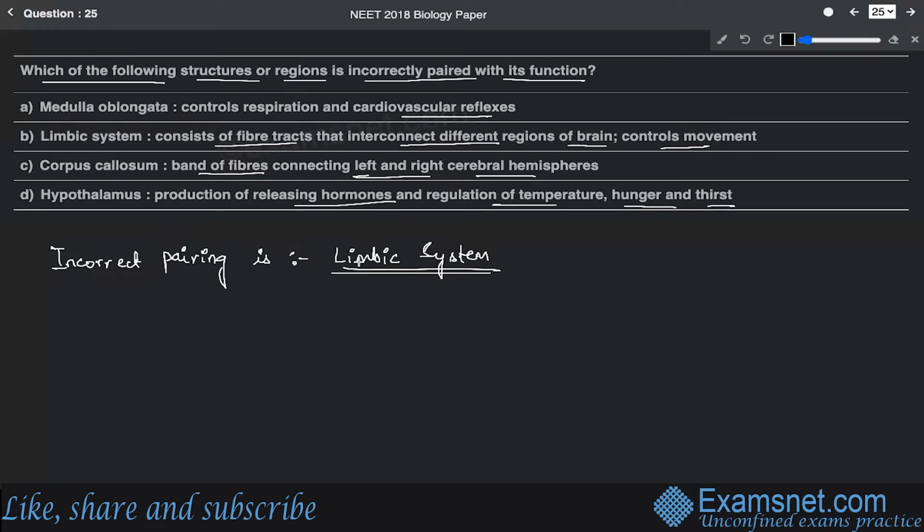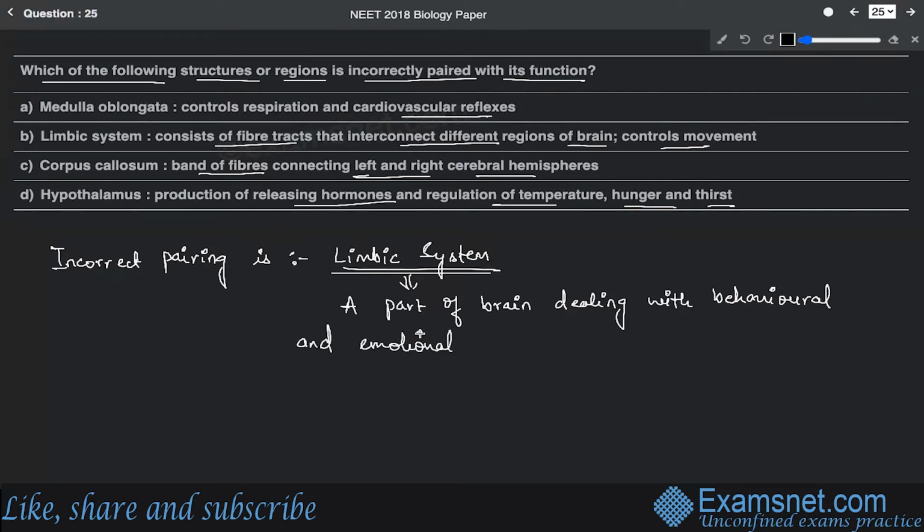So it is a part of the brain dealing with behavioral and emotional responses.